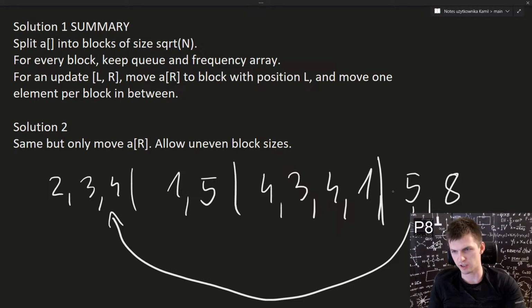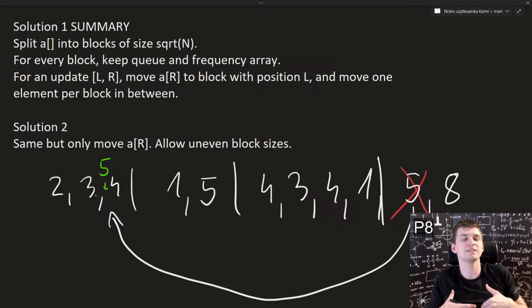I can just erase it from here and insert it there. And I will insert it in the proper position, exactly where it should be, which is here. 5 gets here. Now we have 2, 3, 5, 4. And yeah, but the sizes will be messed up. So once every square root of n updates, I will rebuild everything.